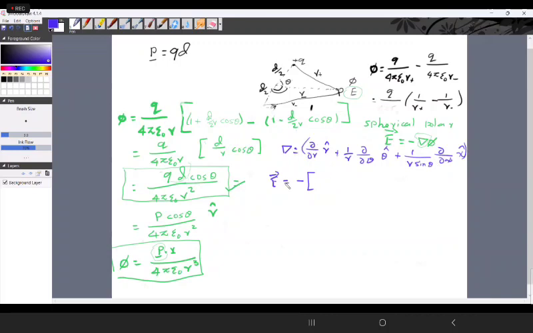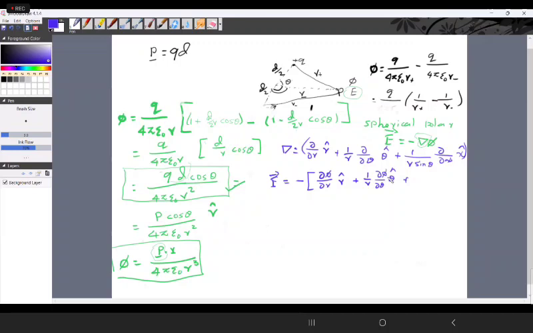If we need to find del of phi, I keep this minus as it is here. We need del phi over del r along the r direction, plus 1 over r del phi over del theta along the theta direction.